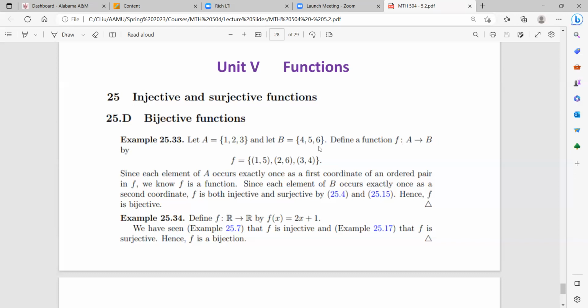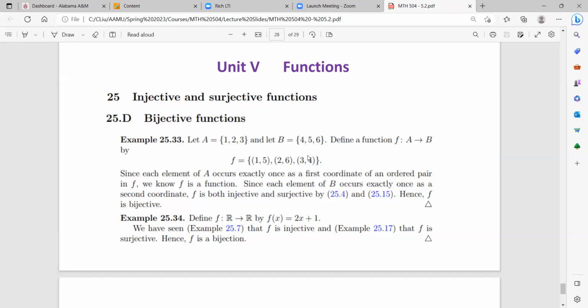So you can see each element of A occurs exactly once as the first coordinate of the ordered pair. So f is a function. In other words, 1, 2, and 3 all appear exactly once. So that makes f a function. But at the same time, if you look at the second element of the ordered pairs, each element in the codomain B occurs exactly once as a second coordinate.